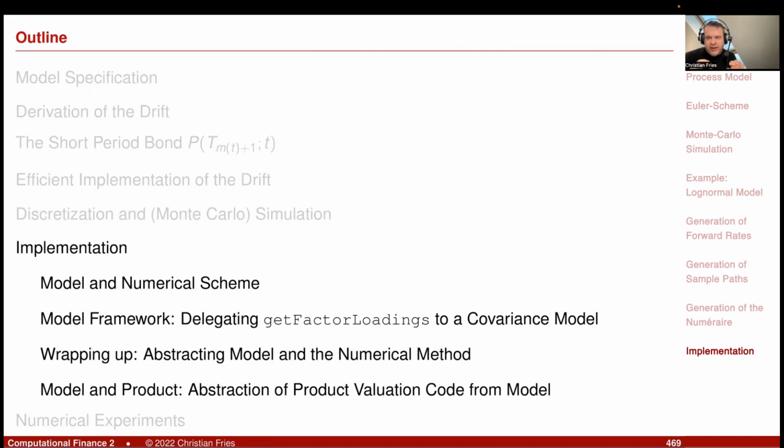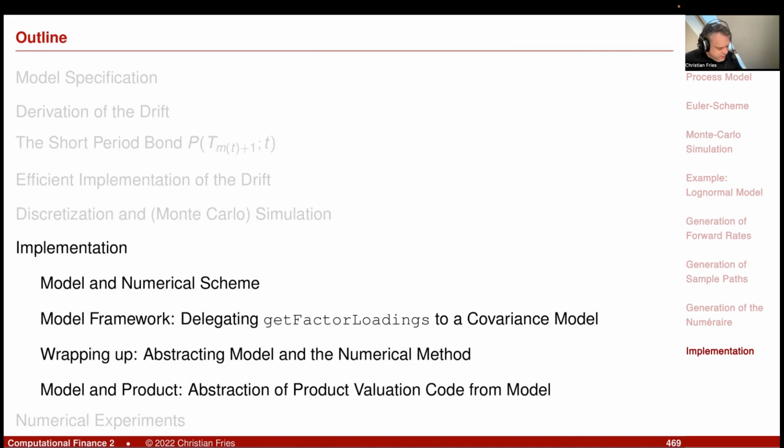And now I would like to create classes and interfaces. We like to structure our code, and I would like to follow a few principles. The first principle is design for extension. Our framework should be designed for extensions.